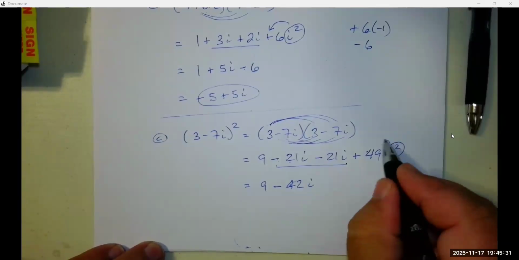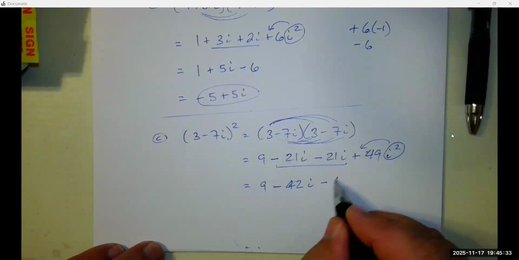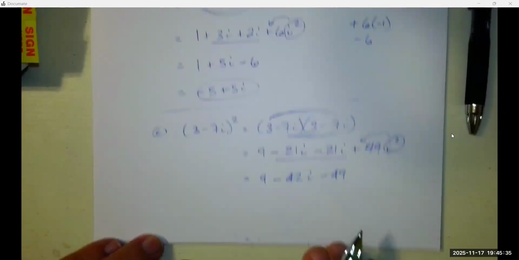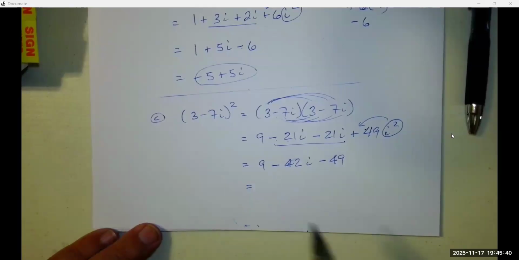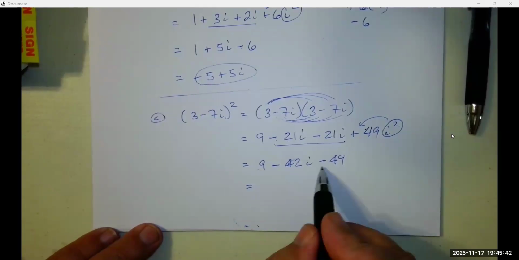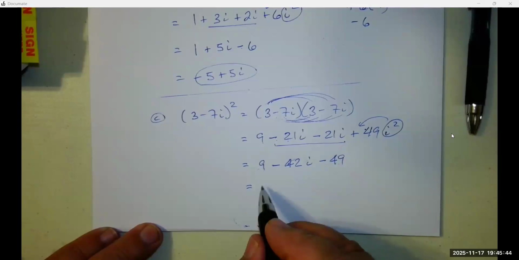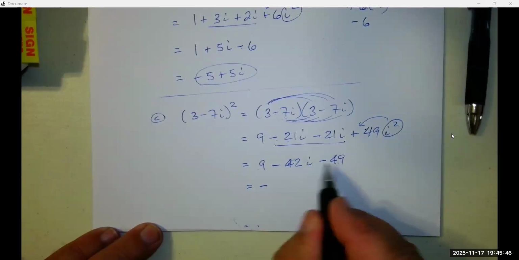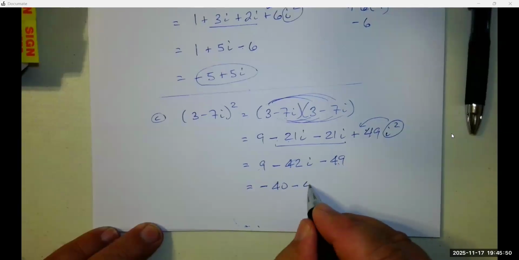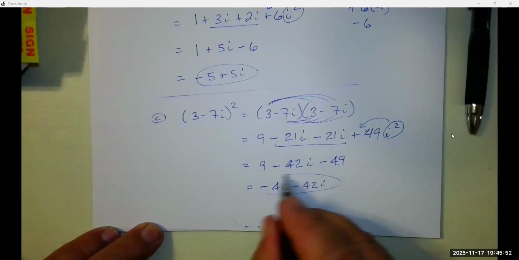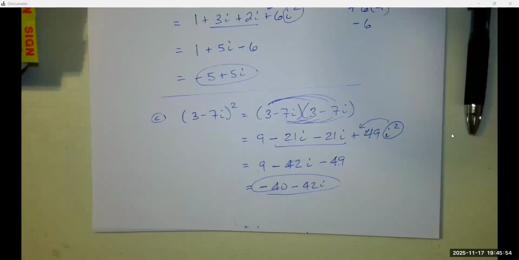This i squared changes that sign to a negative 49. Positive and negative, 49 is bigger than 9, so the answer would be negative. 49 minus 9 is 40. Minus 42i. So that's that one.